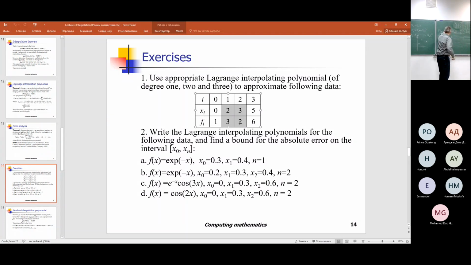What will be x1 here? For this data, x1 is 3, x0 is 2, and so on. So the answer for the first problem is x plus 1. The answer for the second problem, let's try to find it.